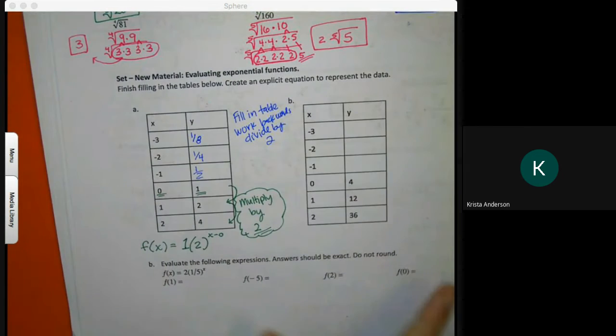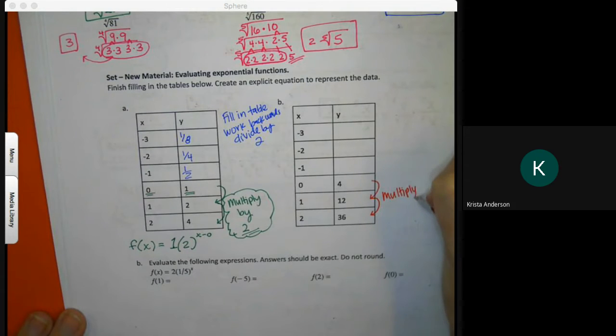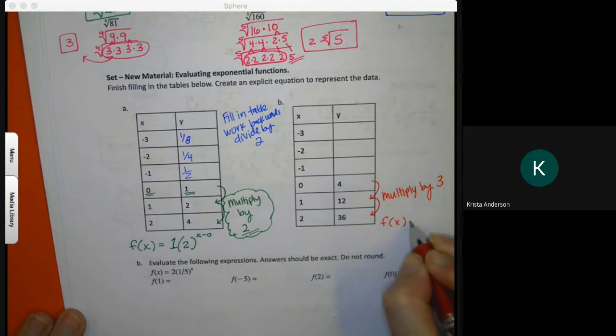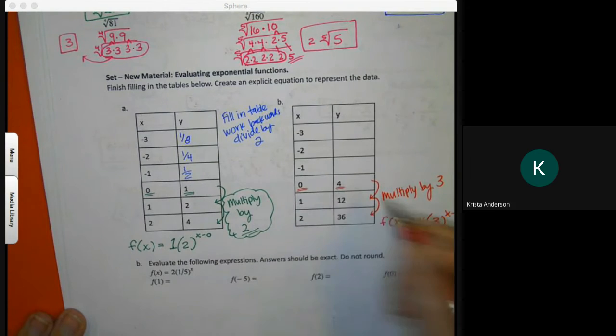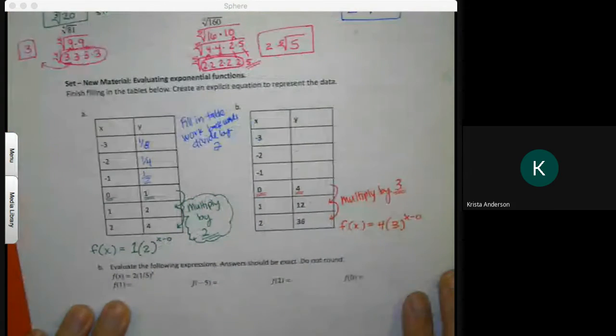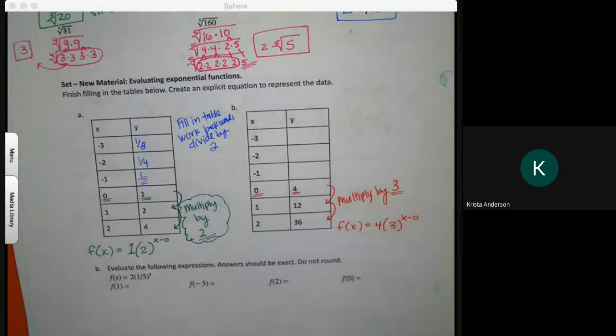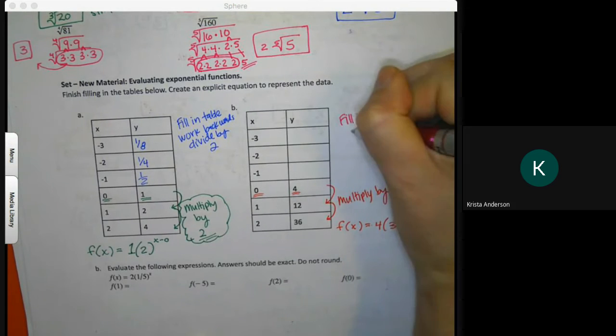Let's try B. I'm going to find my pattern. It's multiplying by 3. So I would write f of x equals 4 times it by 3 to the power of x minus 0. If I work backwards, my next one, I'm going to divide by 3.